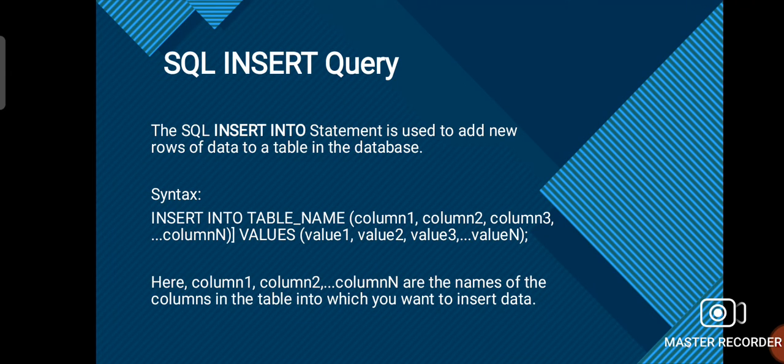Now a very important command is the insert command. The insert into statement is used to add new rows of data into the table. The syntax is insert into, and we have to mention the table name. Inside the brackets, we have to give the values corresponding to the columns.